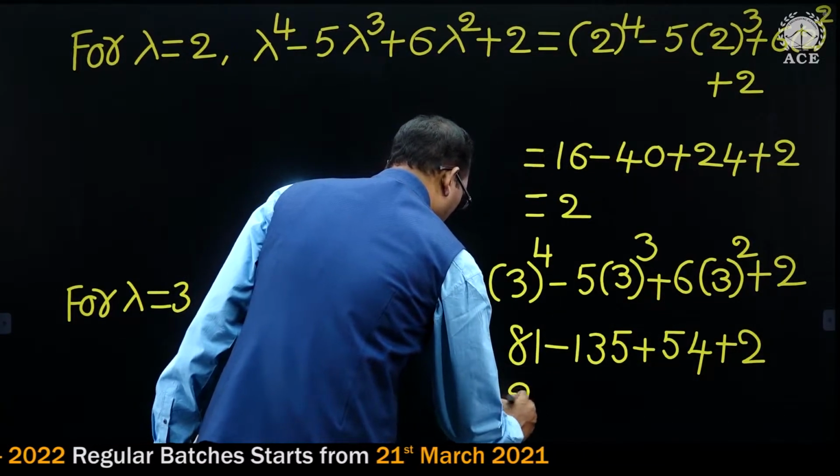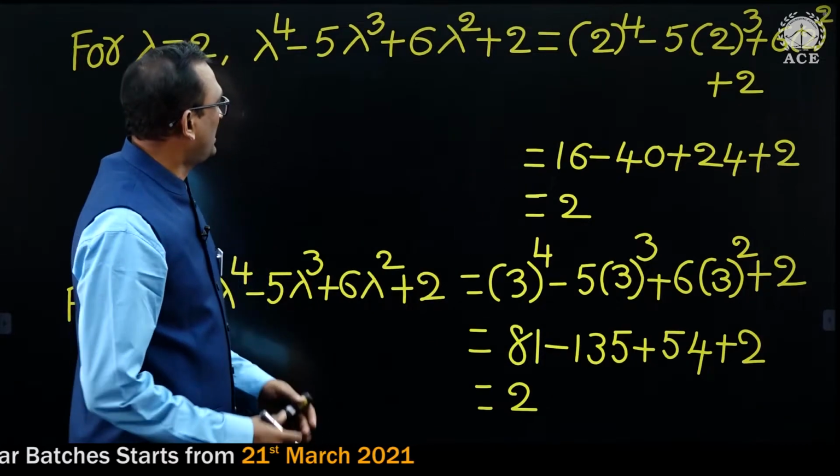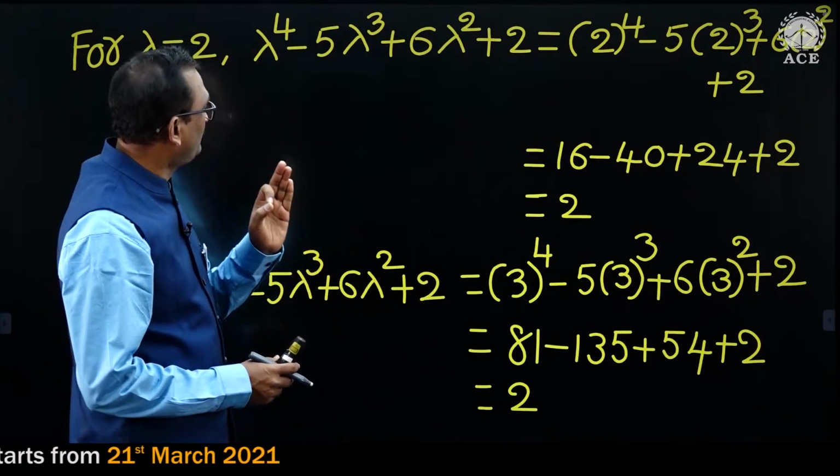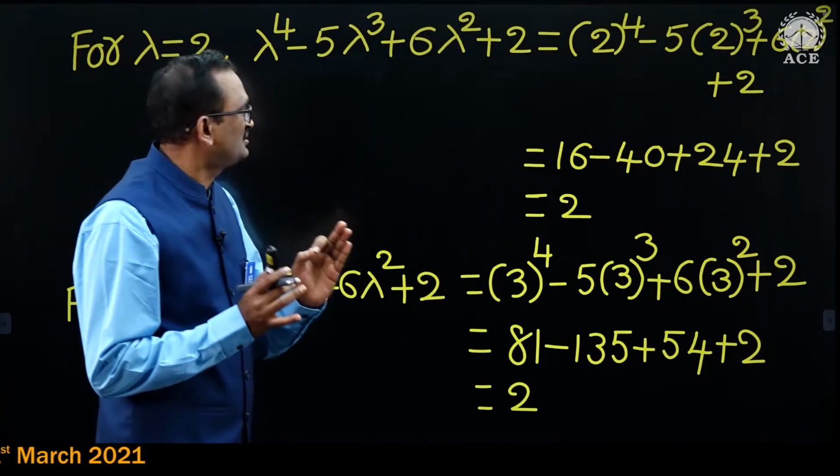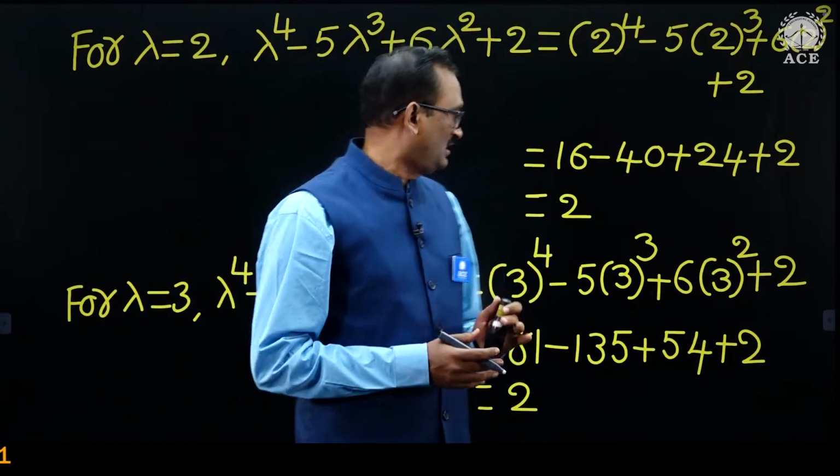So after simplification it gives 2. Therefore the eigenvalues of A to the power of 4 minus 5A cube plus 6A square plus 2I are 2, 2.